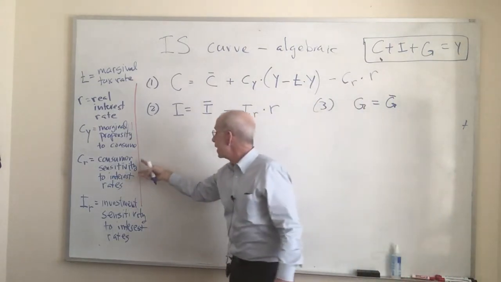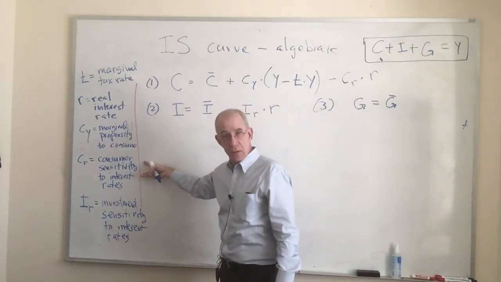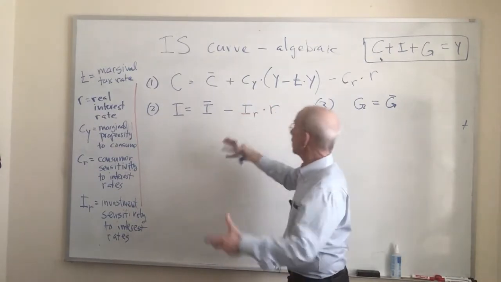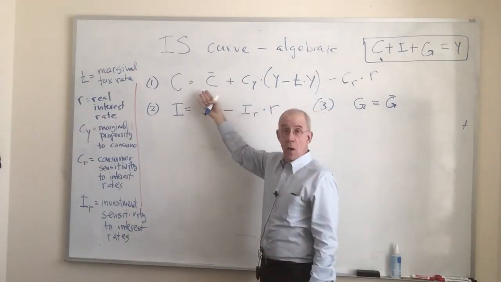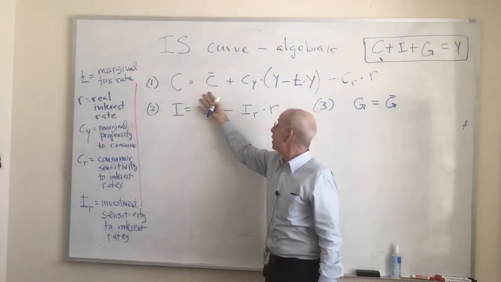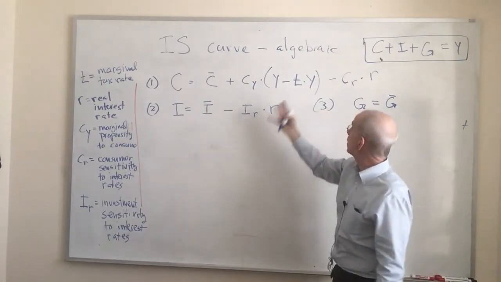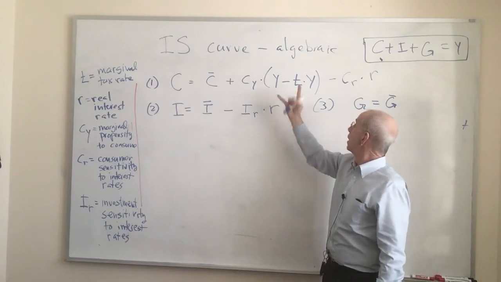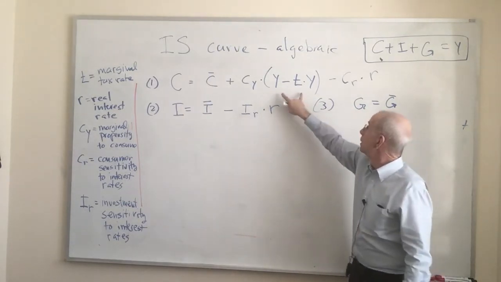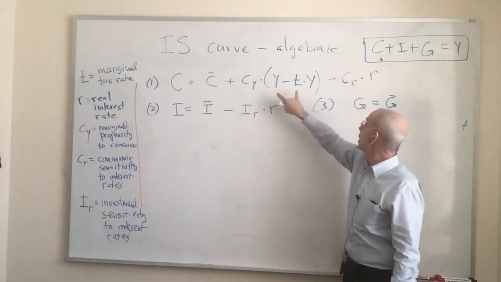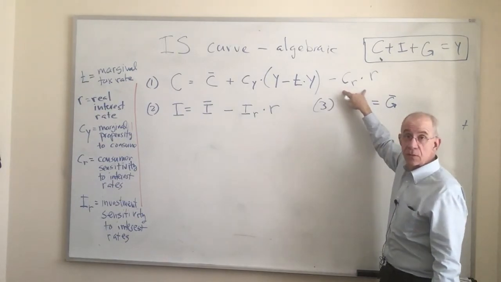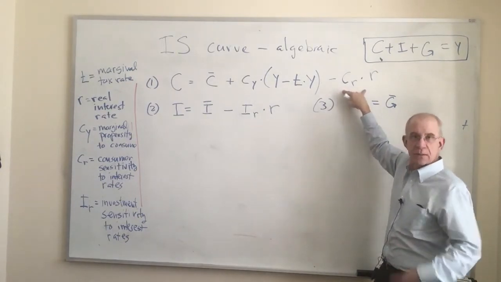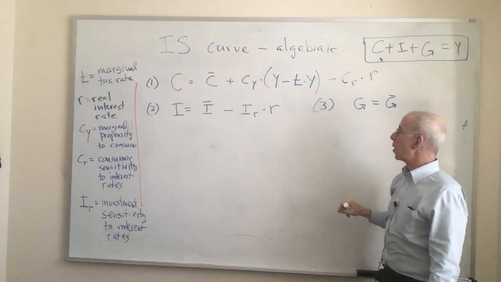CR is the consumer sensitivity to those interest rates. So again, consumption is based on general consumer sentiment, how much consumers spend out of their current income, and then some sensitivity to interest rates, which reflects borrowing in the market.